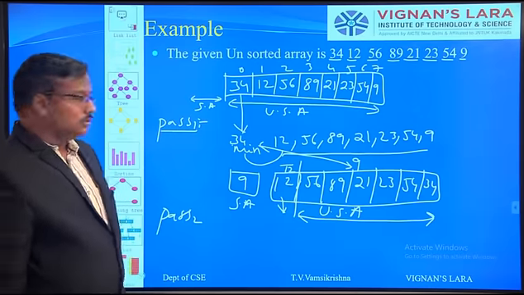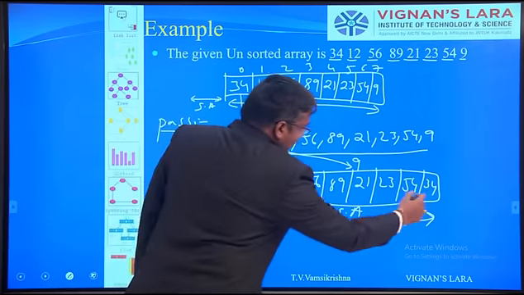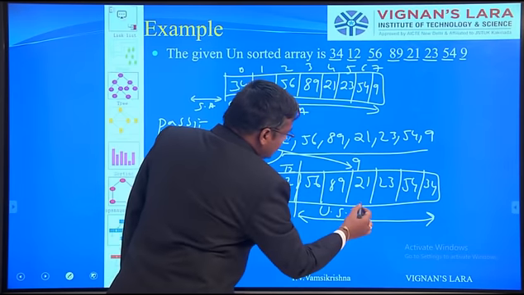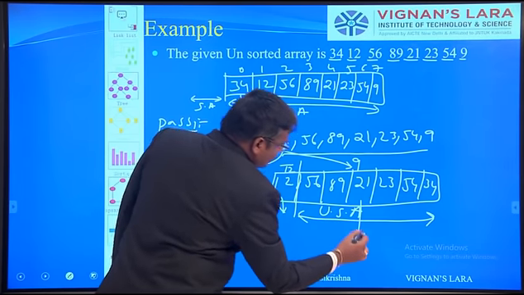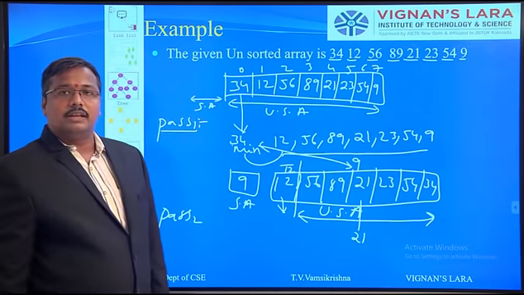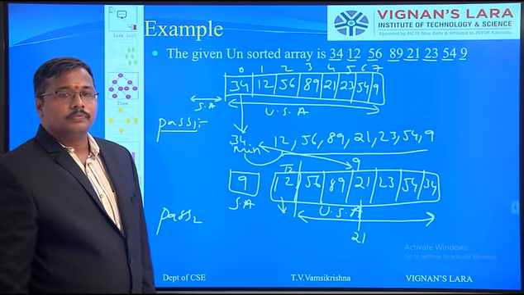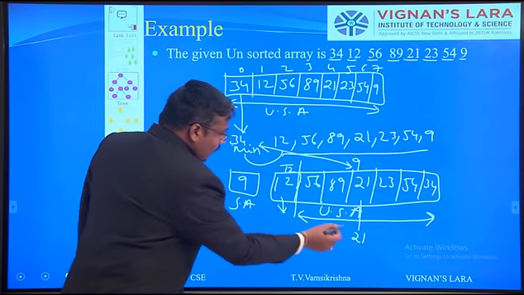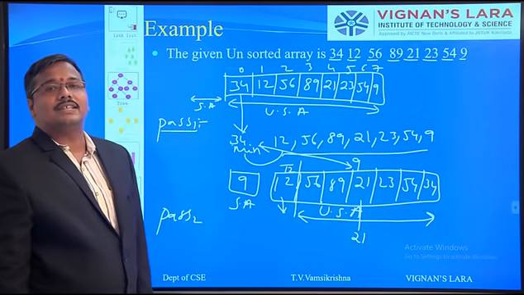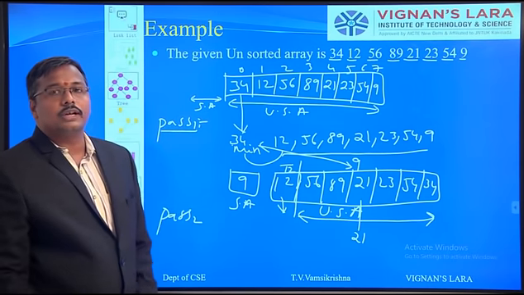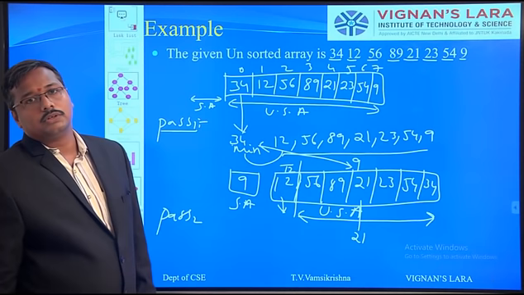By chance, here the minimum element is 21. So we compare 12 and 21. 12 is the minimum only, so no need to swap at this time.